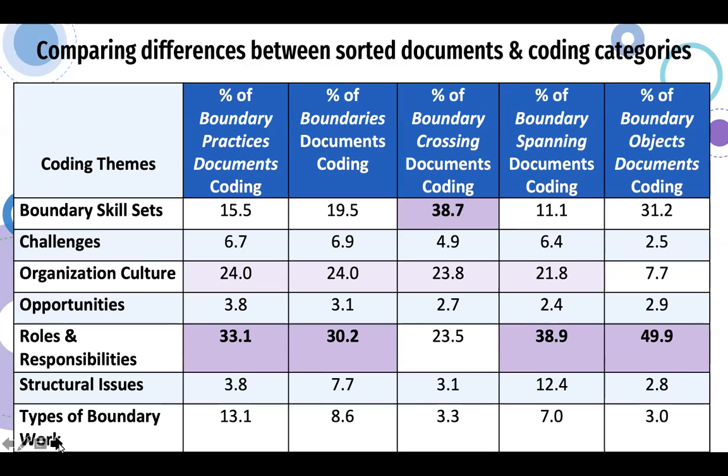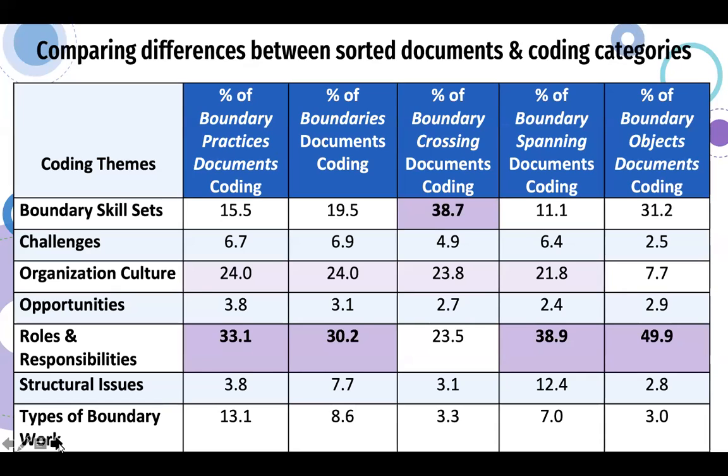So I evaluated the percentage of coding from my main themes and then looked at the abstract analysis to look at how often these occurred within those 5 categories. My themes that emerged: boundary skill sets, challenges and opportunities, organizational culture, roles and responsibilities, structural issues, and types of boundary work, overlapped with my autoethnographic writing findings directly.